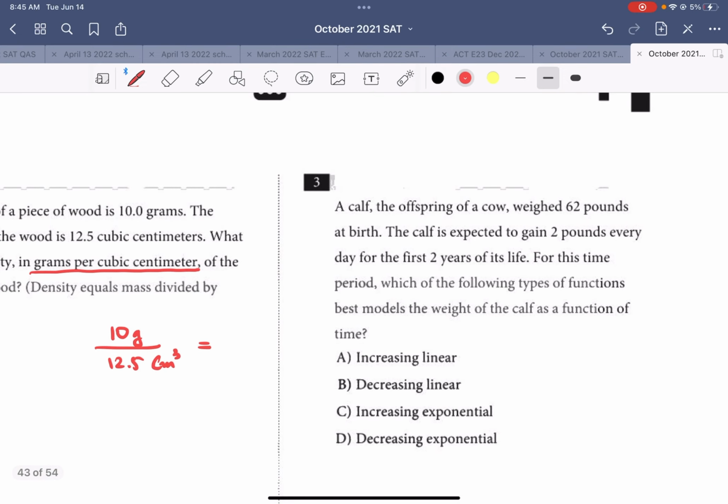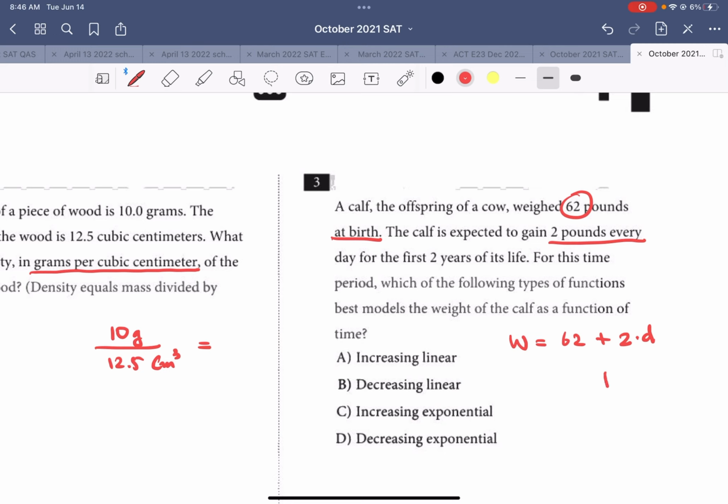A calf, offspring of a cow, weighed 62 pounds at first. The calf is expected to gain 2 pounds every day for the first 2 years of its life. For this time period, which of the following types of functions best models the weight of the calf as a function of time? So let's say weight at birth is 62 pounds, and then it's expected every day it will gain 2 pounds. So 2 times the number of days.